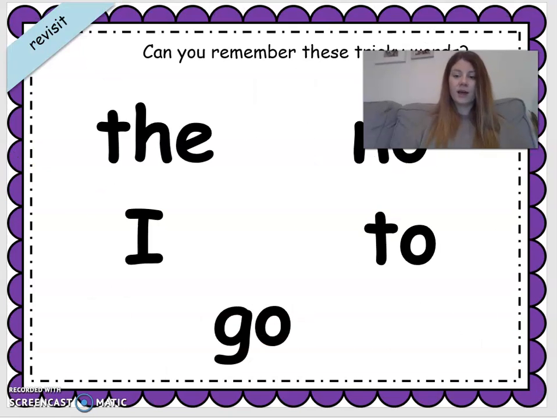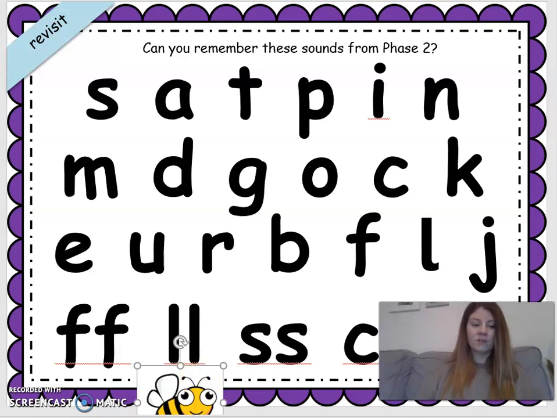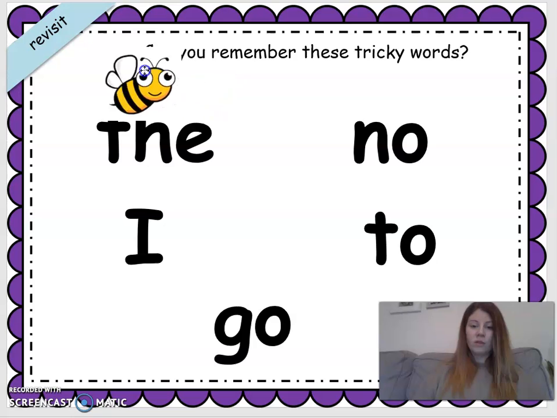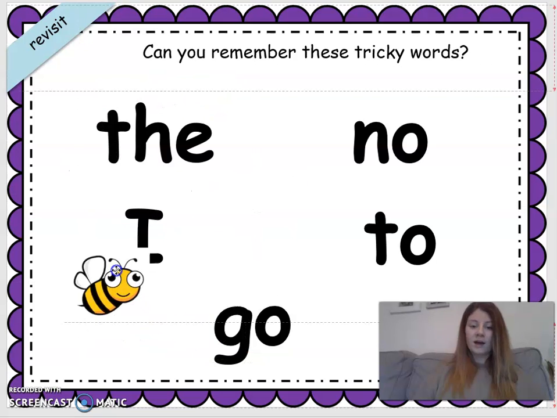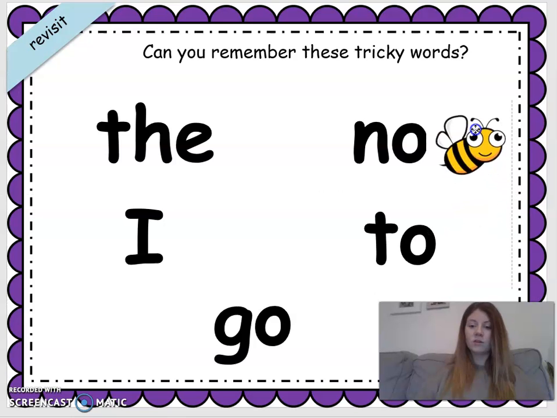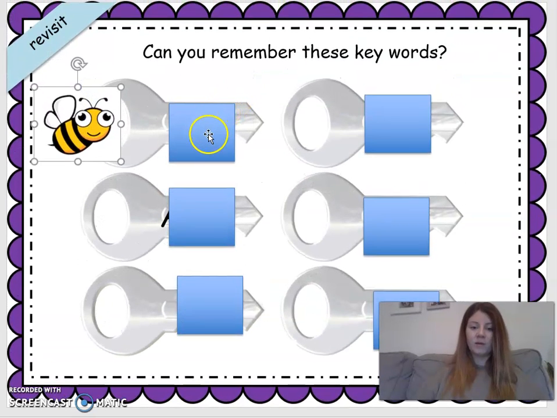Okay, let's have a look at our camera words that we know. Super duper speedy. Should we use our Buzzy Bee again to help us? Let's have a look. We've got the, I, go, to, and no. Well done. Let's do our keywords, and we've got Buzzy Bee again to help us out.